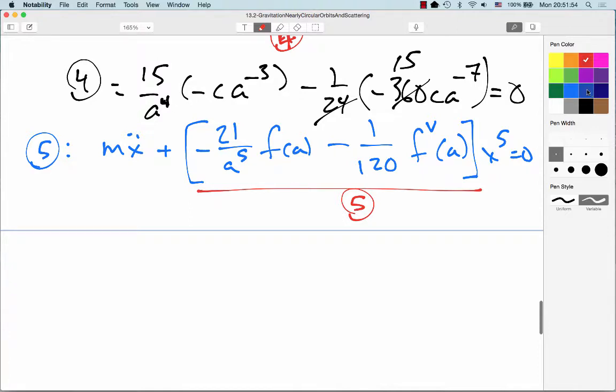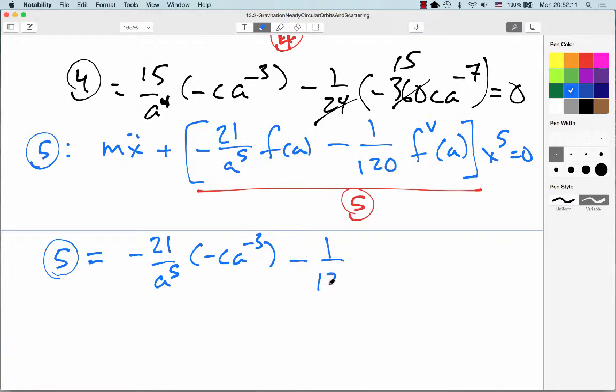All right, so my term number 5 equals negative 21 over a to the 5th times negative c a to the negative 3 minus 1/120th. The fifth derivative is 2520 times c a to the negative 8.